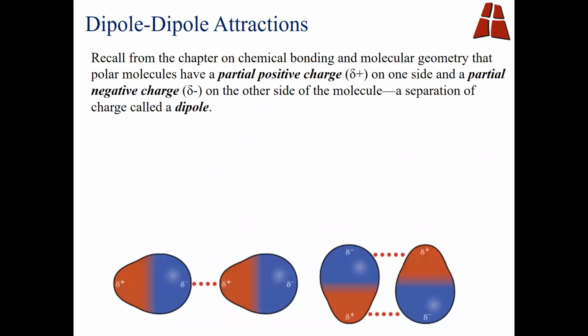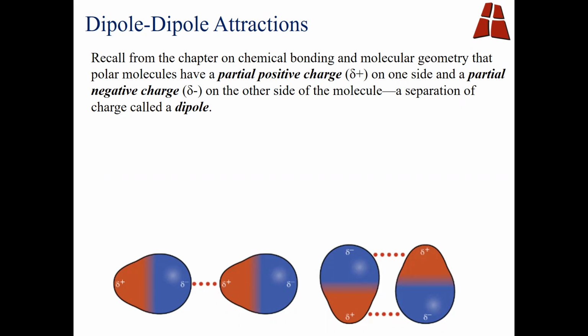So switching gears from dispersion forces to dipole-dipole interactions, these sorts of molecules will typically have a partial positive charge and a partial negative charge. We indicate that with the Greek symbol delta here. This is lowercase delta, and this would mean partial positive, this would mean partial negative. Okay.